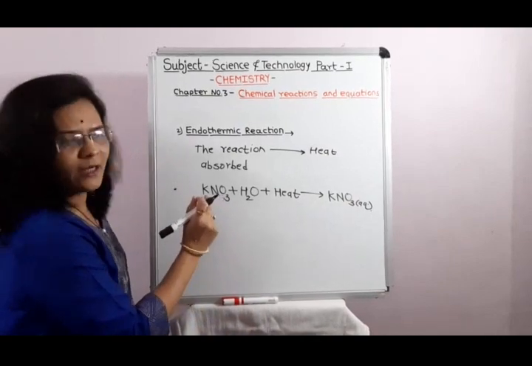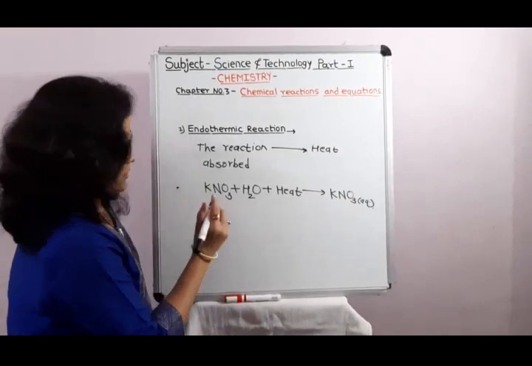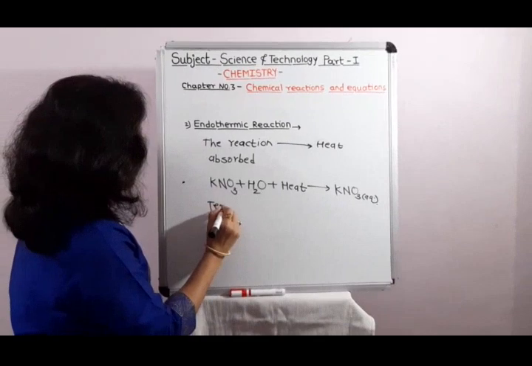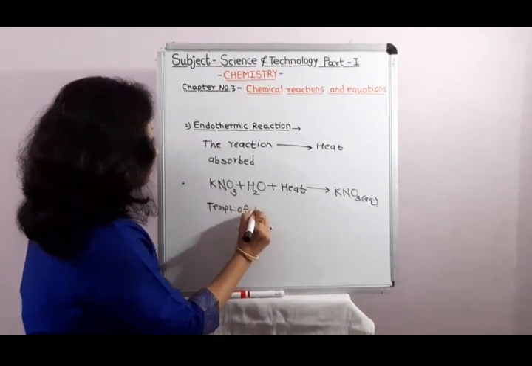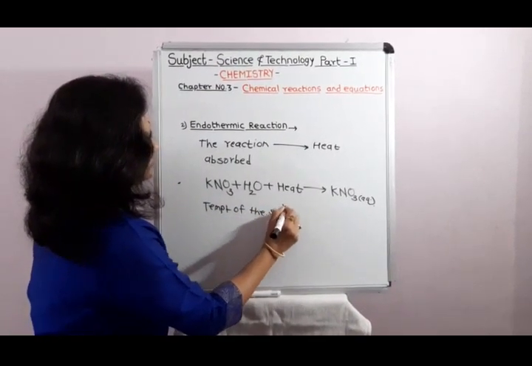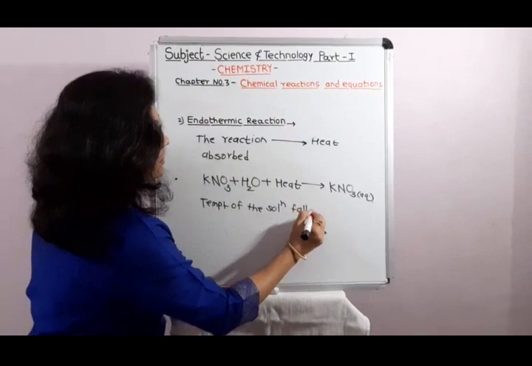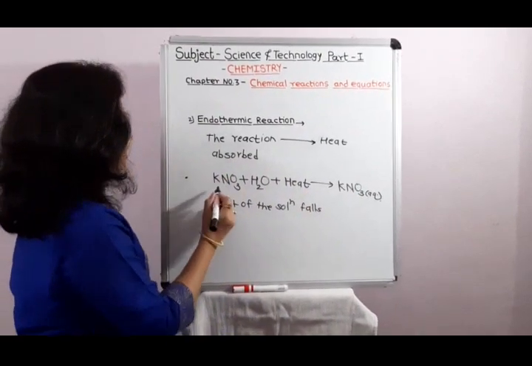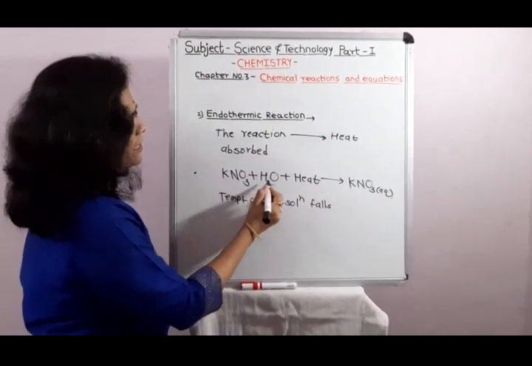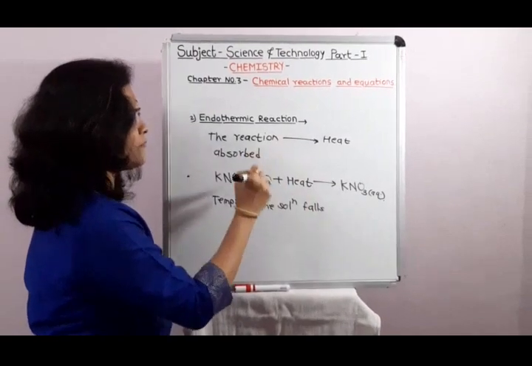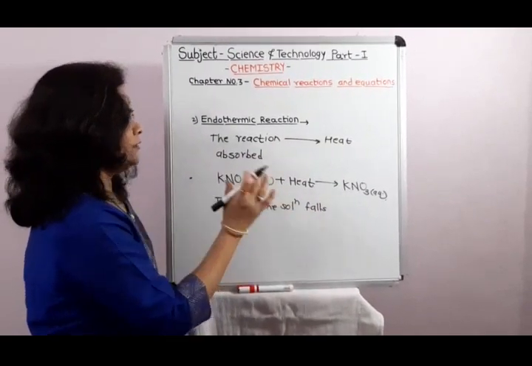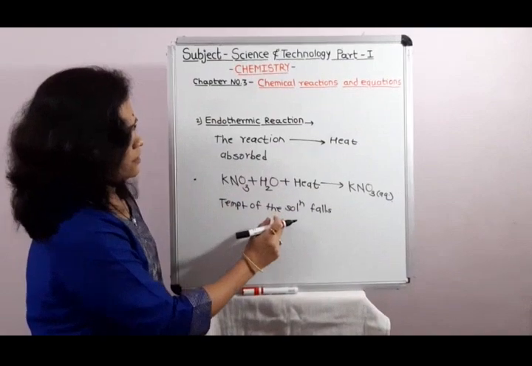Here the temperature of the solution falls. In the endothermic reaction, the temperature of the solution falls because heat is absorbed. Potassium nitrate when dissolved in water, heat is absorbed, so the solution's temperature falls.